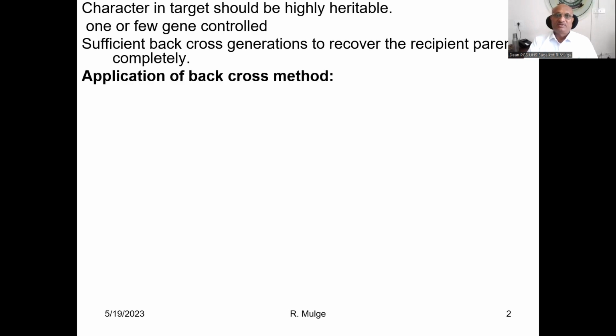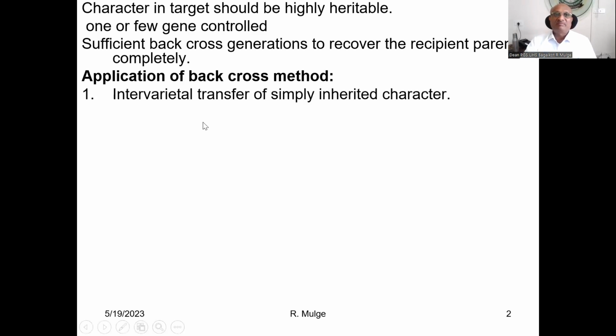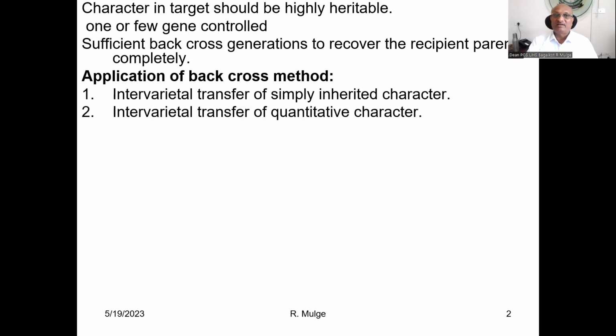So what are the applications of backcross breeding? It can be used for intervarietal transfer of simply inherited characters from one variety to another, or intervarietal transfer of quantitative characters, but it becomes difficult if the number of genes increases.